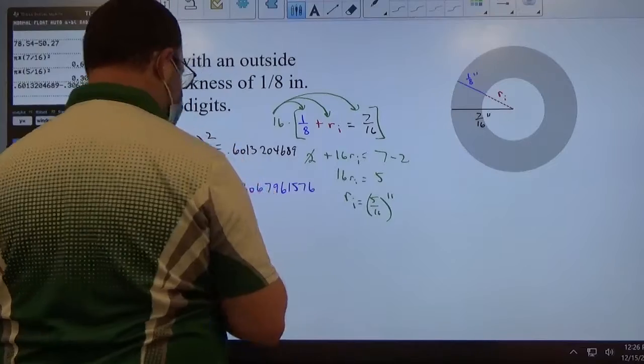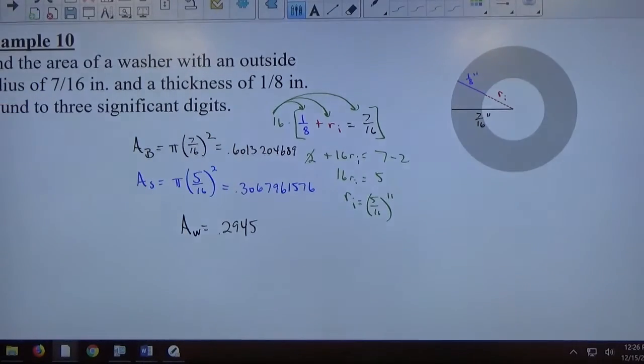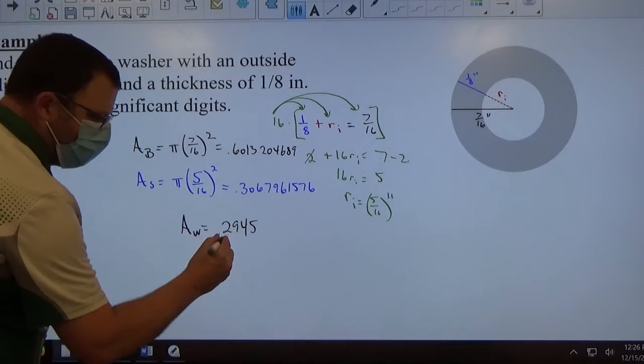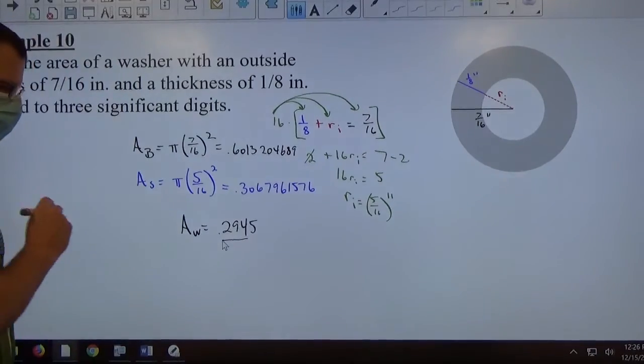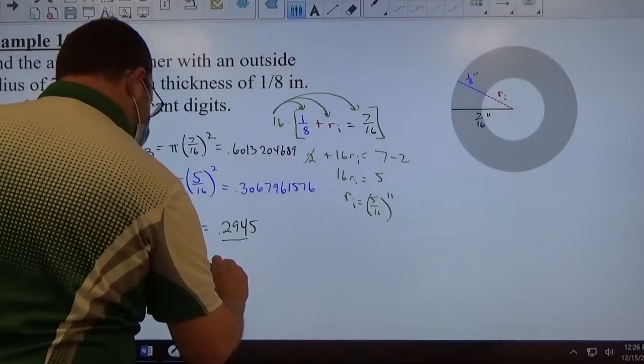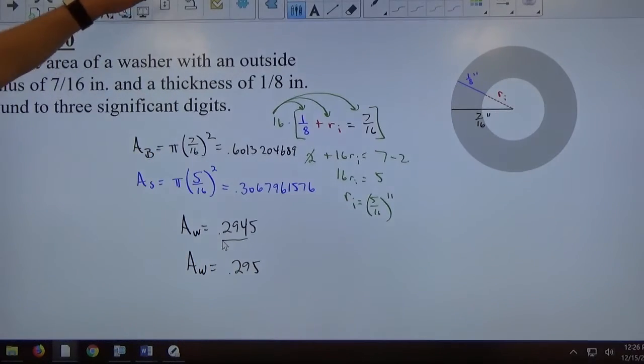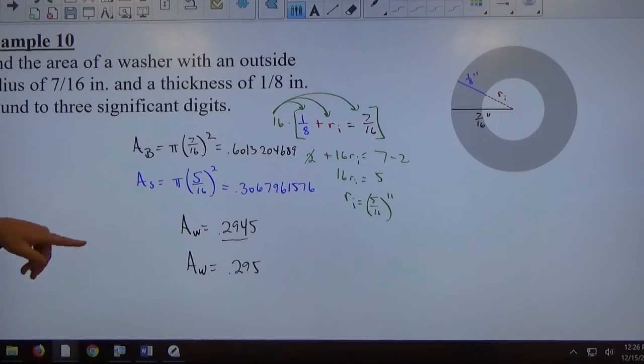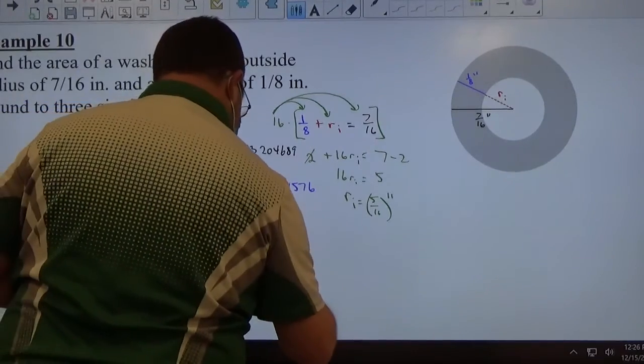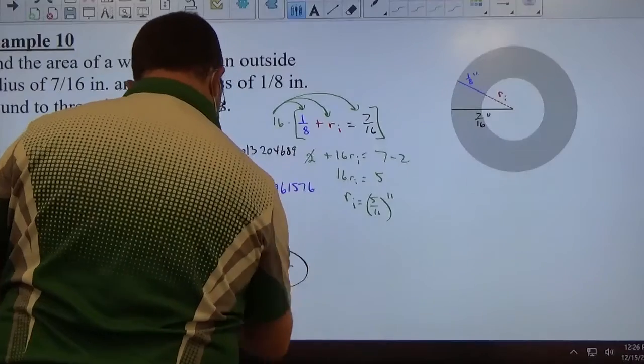I'm going to stop at the fourth decimal place because it says round to 3 significant digits. Well, first thing I do is round to 3 digits. So 0.295, right? And then I verify they're all significant. They're all not zero, right? So they're all significant. So 0.295 square inches will be the area of the washer in this scenario.